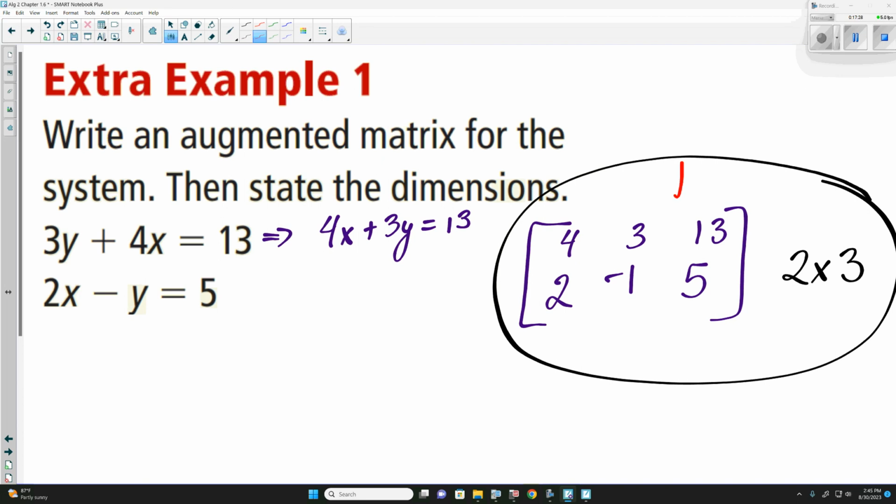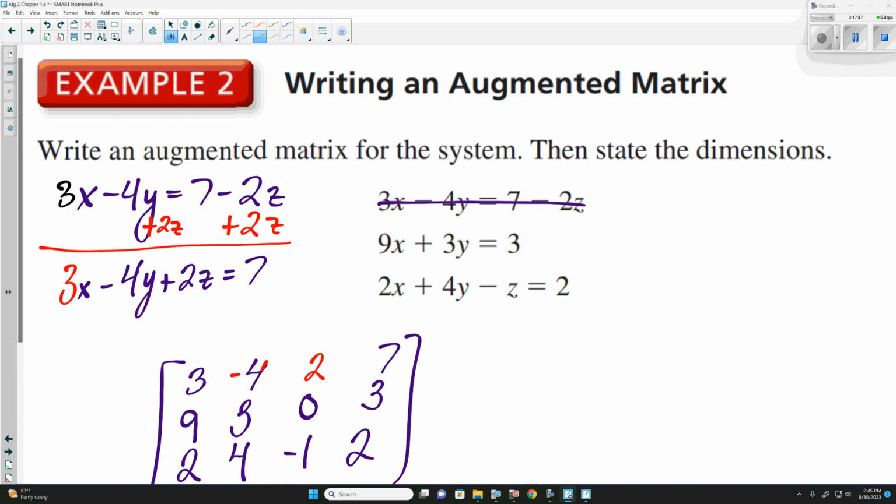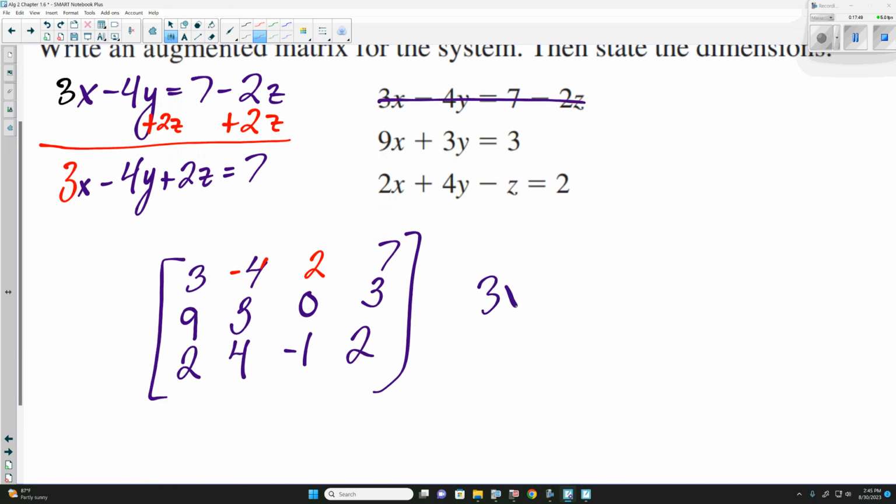No. So I don't need to add a column for z because z did not show up in either equation. If one of the variables shows up in at least one of the equations, we need it represented in all of them. Does that make sense? And if it's missing, we put it in as 0. And this would indeed be a 3 by 4.